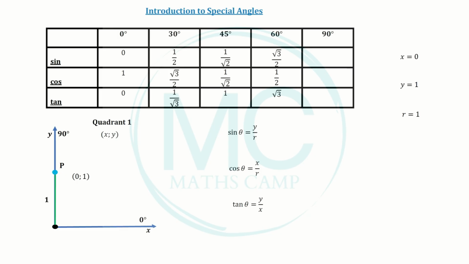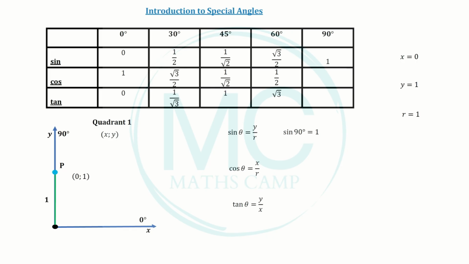Now that we have our x, y, and r values, we can finally find the values of the trigonometric ratios for a 90-degree angle. So for sine, we can say sine 90 degrees is equal to the value of y, which is 1, over r, which is also 1. So we get a total of 1. Let's put this into our table.